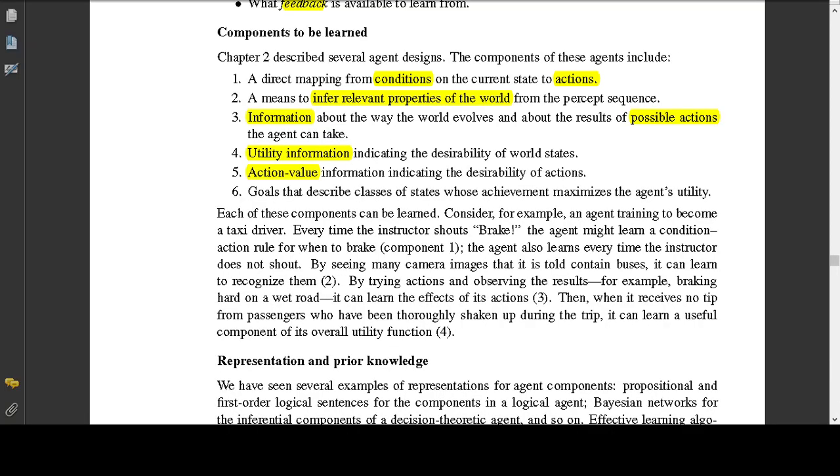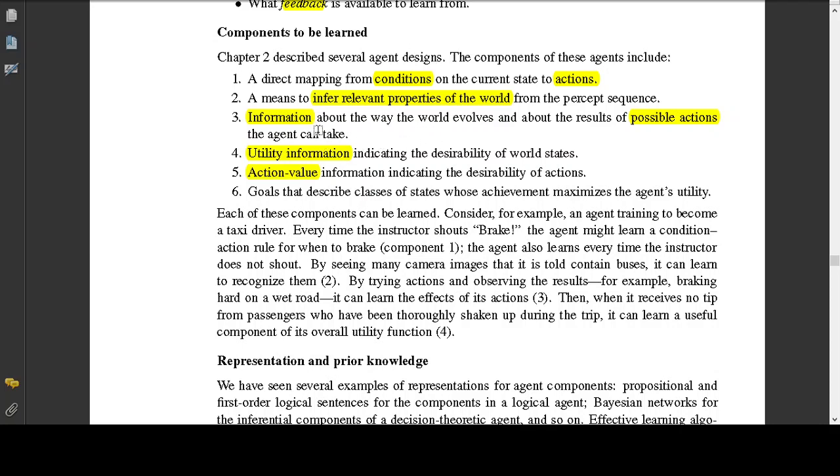So the first one was condition to action. In this condition, what action has to be taken has to be learned. Then infer the relevant properties of the world from its perception. When it sees something, how to react to it, or what it means, those inferences have to be learned, how to make the inferences.